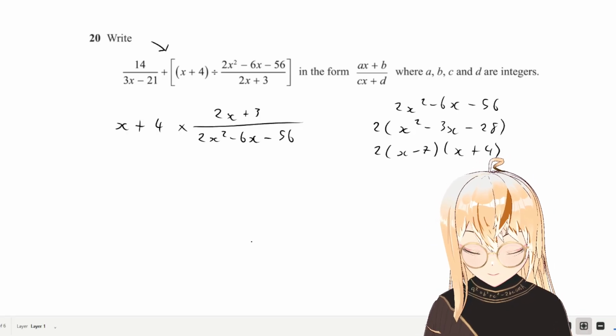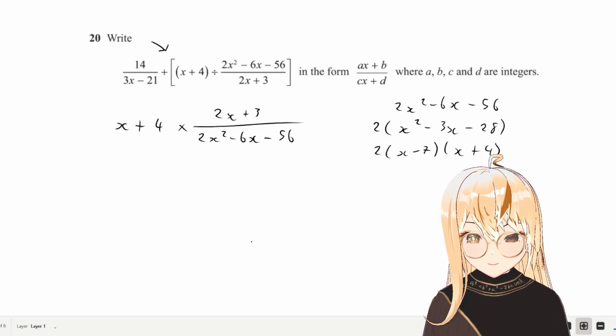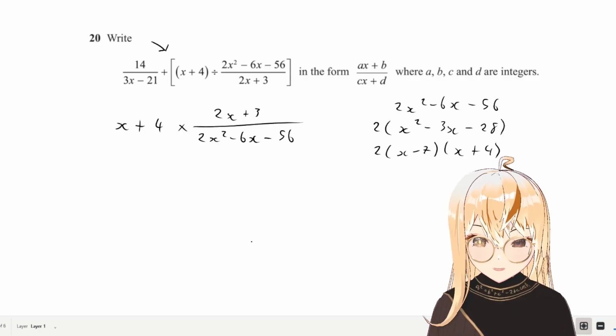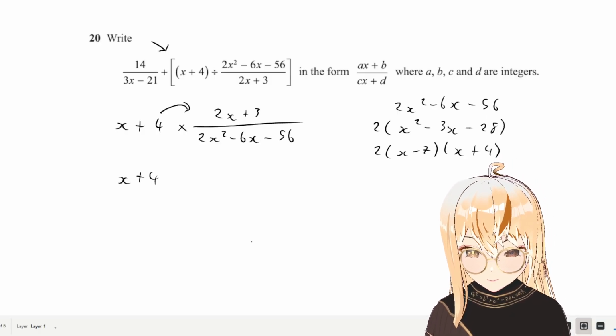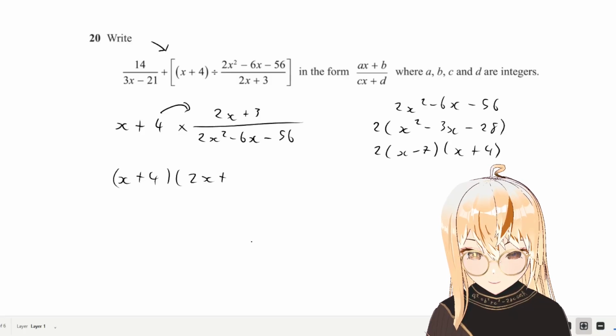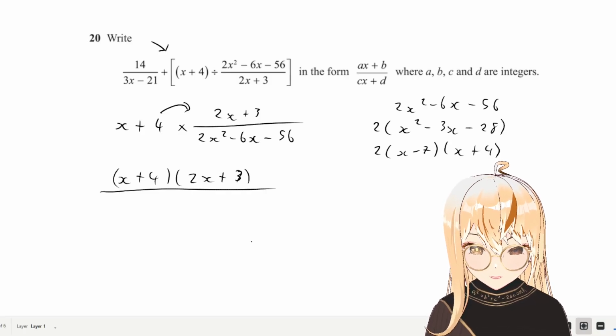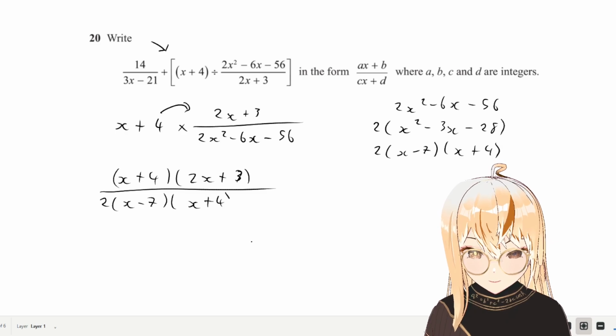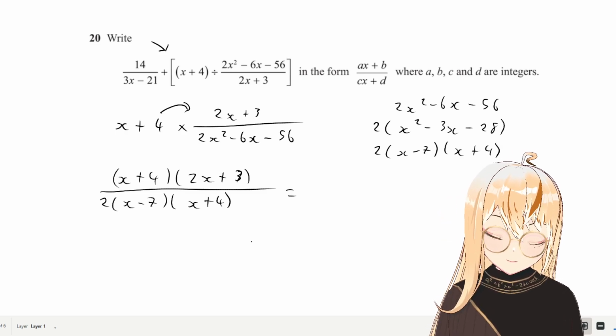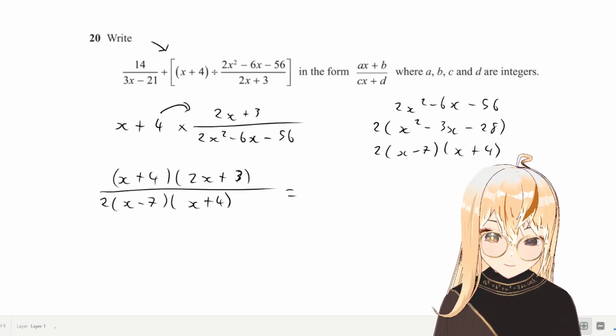And then since we're multiplying x + 4 by the fraction, we can just move x + 4 up to the numerator. So (x + 4)(2x + 3) over 2(x - 7)(x + 4), and then you can see that we've got x + 4 in the numerator and the denominator.